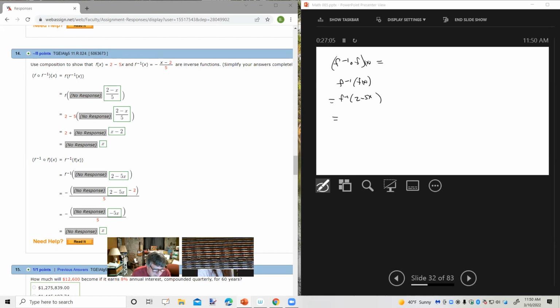We're going to put 2 minus 5x in the place of x. So we're going to get negative the quantity 2 minus 5x minus 2 over 5, and the 2's would go away.